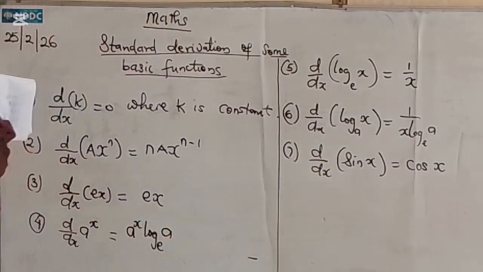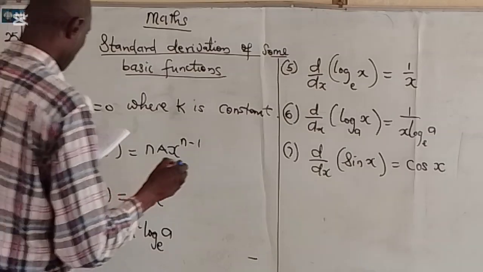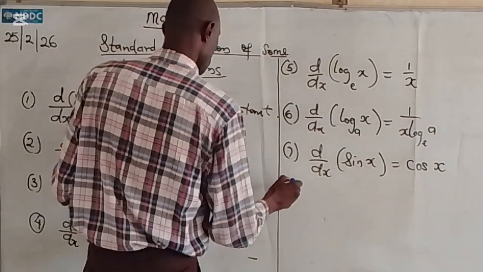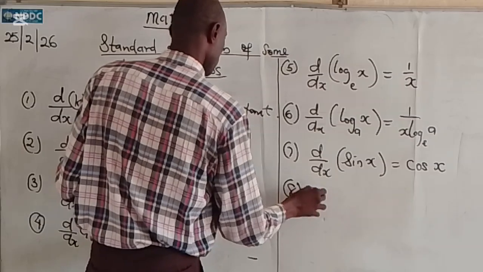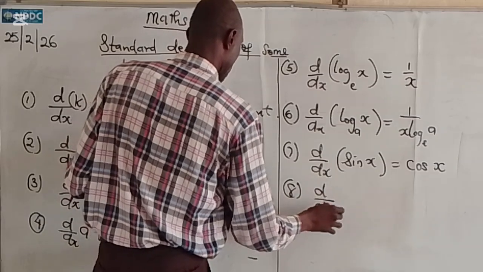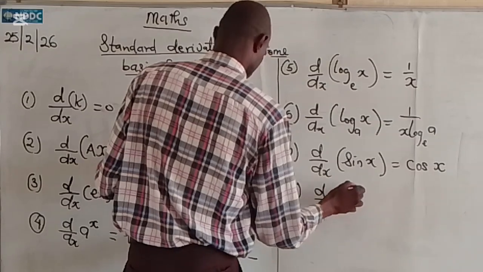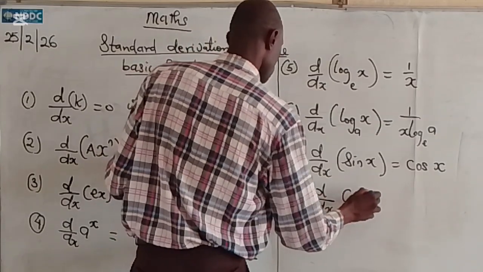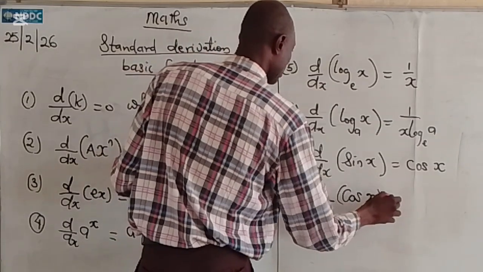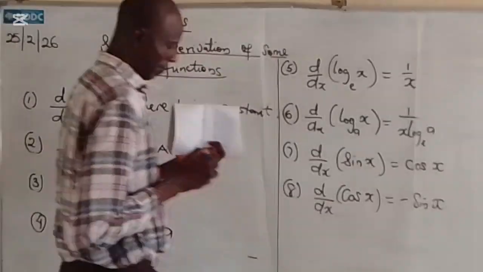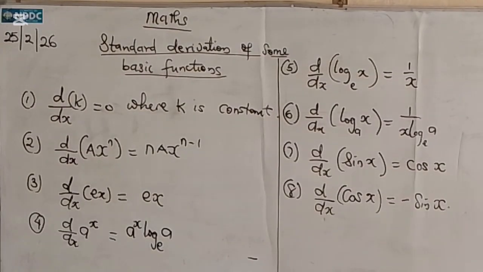Number 8. d over dx of cos x. We are differentiating cos, it is minus sine x. Okay?